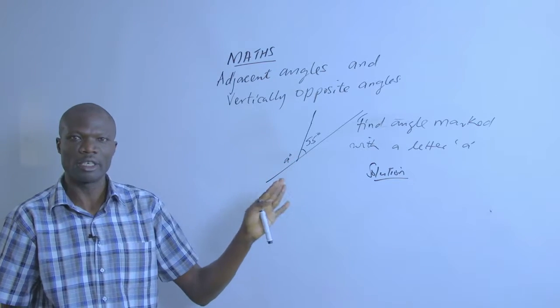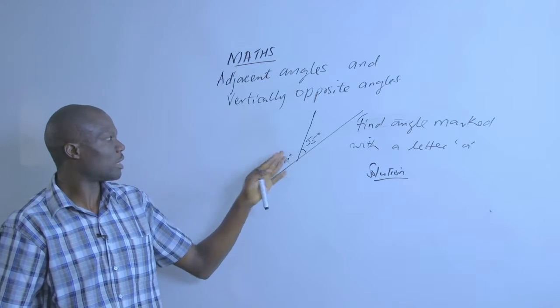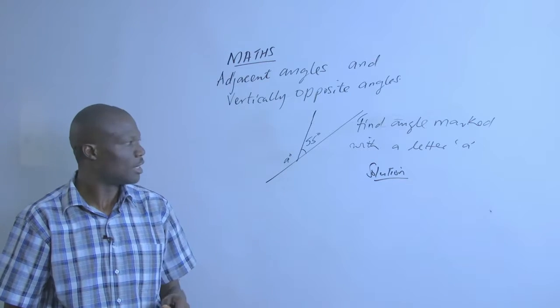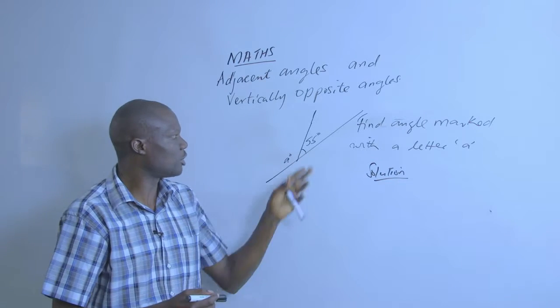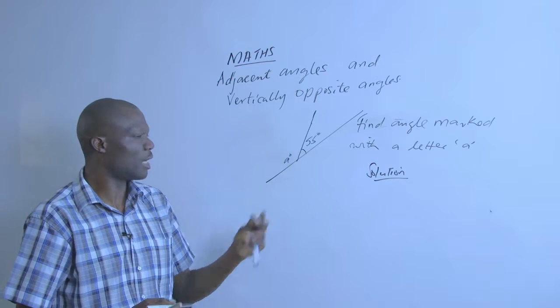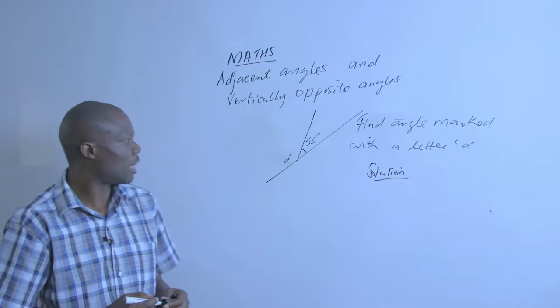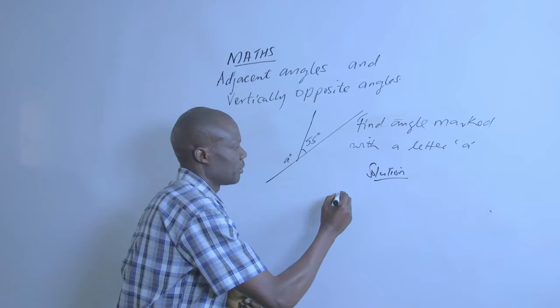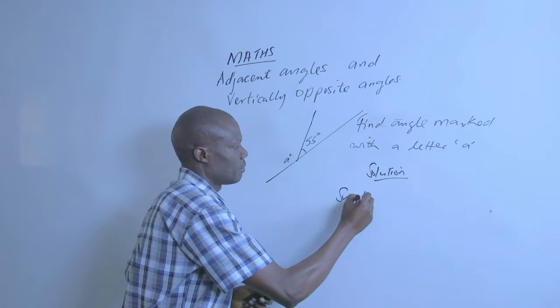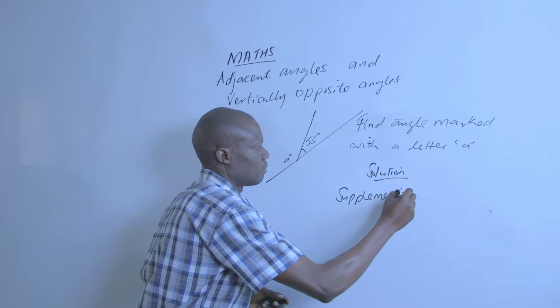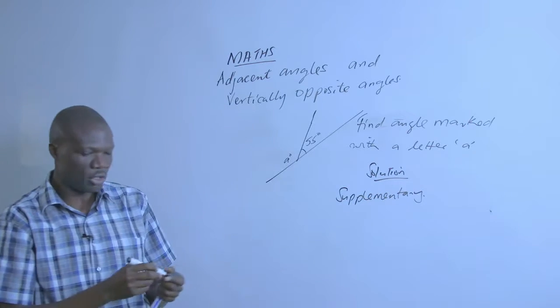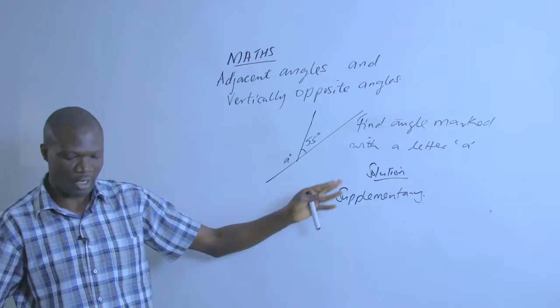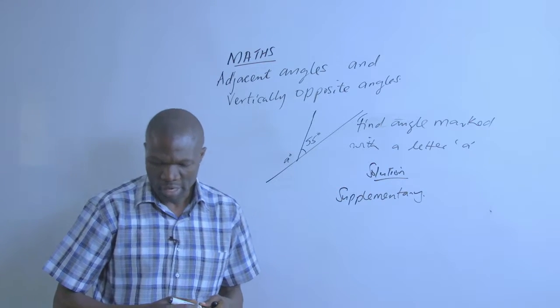They are adjacent, and what type of adjacent angles are these angles. You'll notice that the two angles here form what we call a supplementary pair of angles.